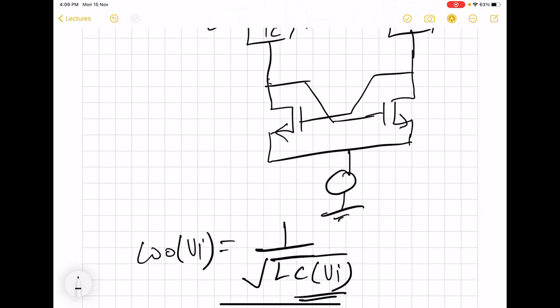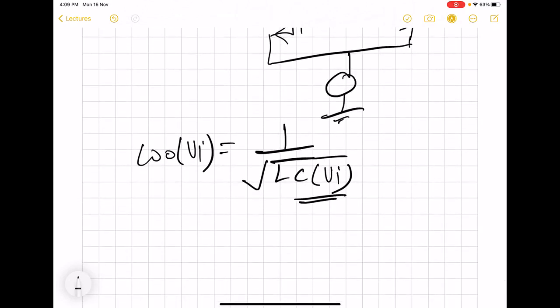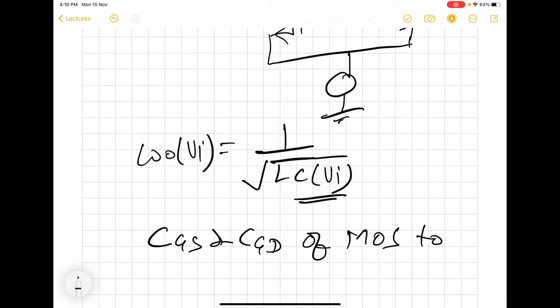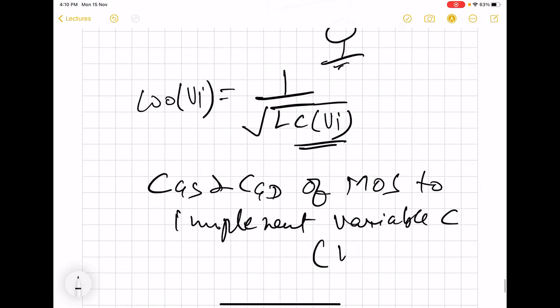So we can use the CGS and CGD of MOS to implement a variable C, that means a varactor.